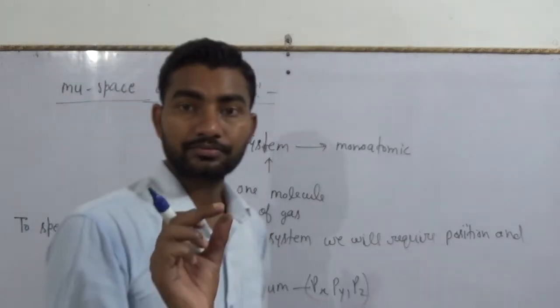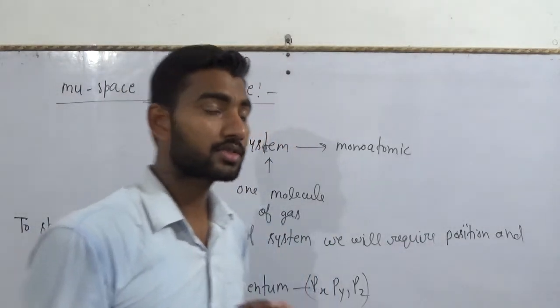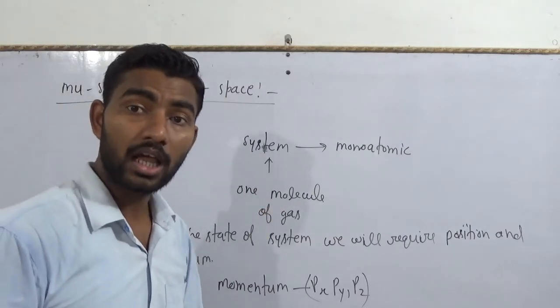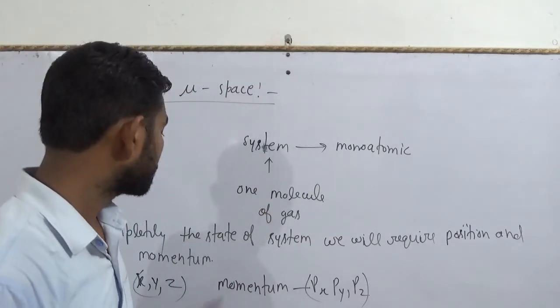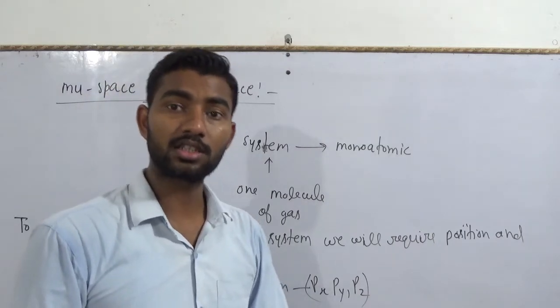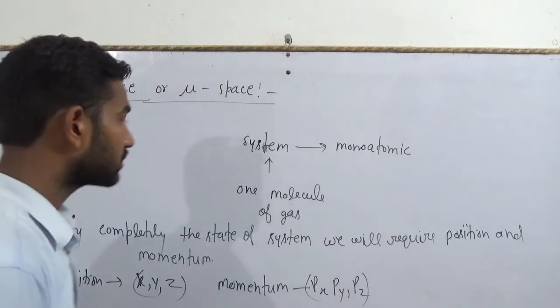So friends, to specify completely the state of this system, we will possess these 6 coordinates: 3 position coordinates and 3 momentum coordinates.